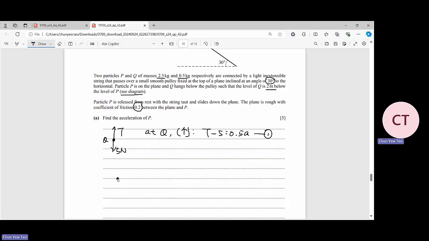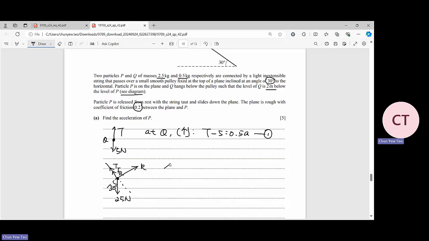And for the P, the tension is going this way. The weight for this is 2.5, 25 Newton. And the angle over here is 30 degrees. This is the normal contact force. And the frictional force is also going upward.